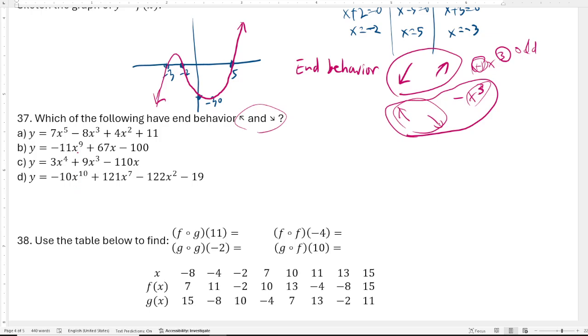So see here, x to the 9th, that's an odd with the minus, so this should be the answer. On the other hand, this one will be even with the positive, so in that case, the end behavior will be like this. Even with the negative, in that case, the end behavior will be like this. If it's odd with positive, then the end behavior will be the same as the one that we just did, okay?